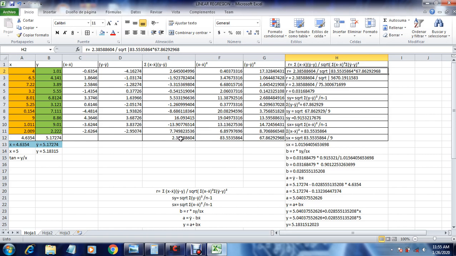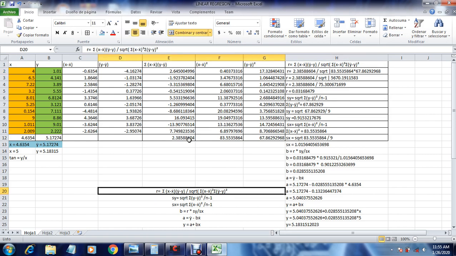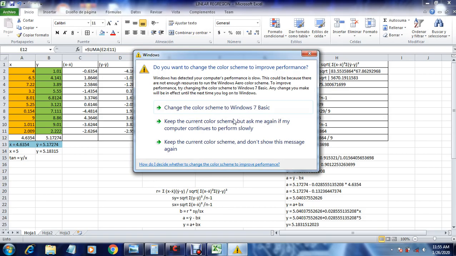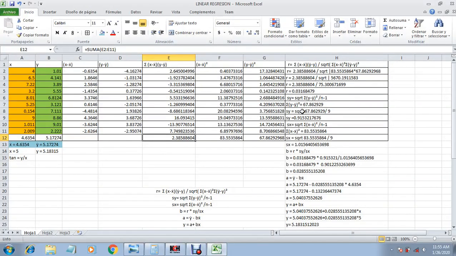So this is this divided by the square root of this for this.